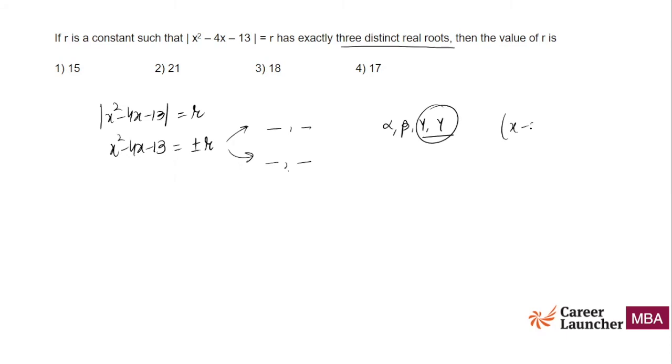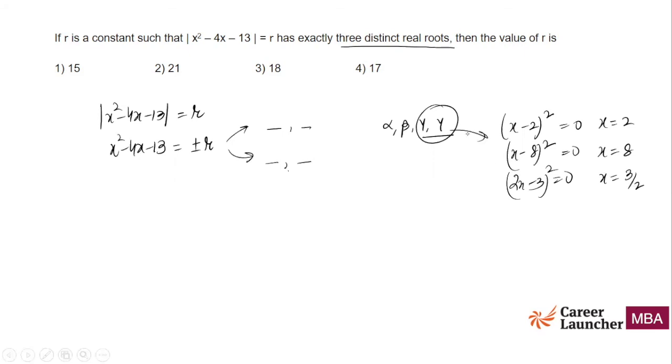Something like x minus 2 whole square, x minus 8 whole square, 2x minus 3 whole square is equal to 0. Even though they are quadratic, you'll get only one distinct root. There will be 2 roots, but they're not going to be distinct. So something like this is going to happen. That means R should be... so right now, this is not a perfect square.